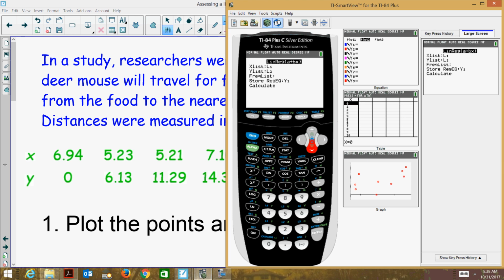Typically y1 works. Okay, so I calculate and it gives me my line of best fit as well as my correlation coefficient, and as I just described, the coefficient of determination, which we will talk about at the end of this video. So if I go to my graph, I have my data points plotted in my scatter plot as well as my least squares regression line.